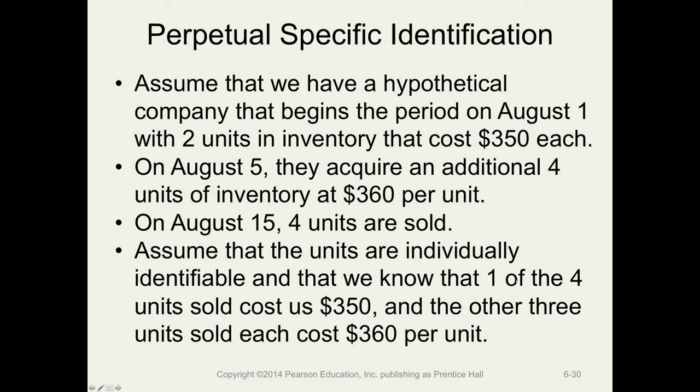So basically what we're saying here, and I'm going to put this on the table in a moment, it looks pretty simple when you've got specific identification, because they're saying that, okay, well, we know what we sold. We sold 1 unit out of the beginning inventory at 350.